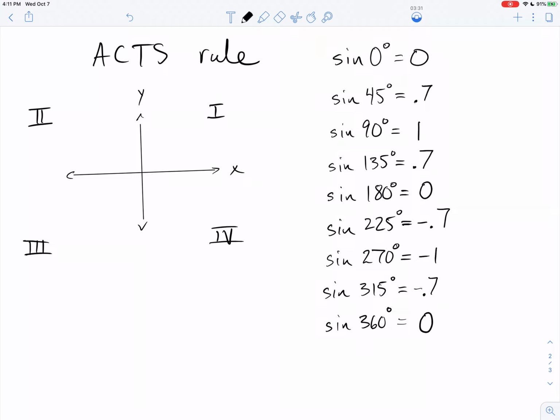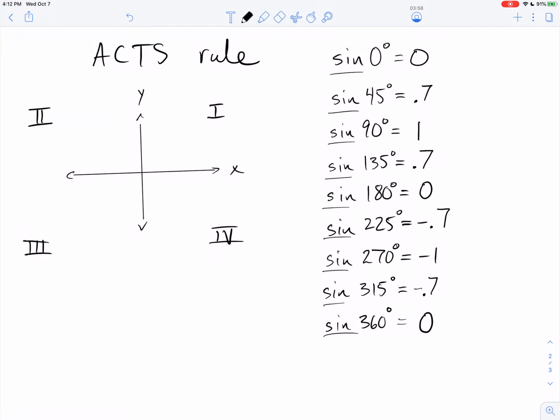But what I wanted you to see is this basic concept called the ASTC rule. The ASTC rule is something that we use to determine when a trigonometric function, and I'm using sine, is going to be positive and when it is going to be negative.